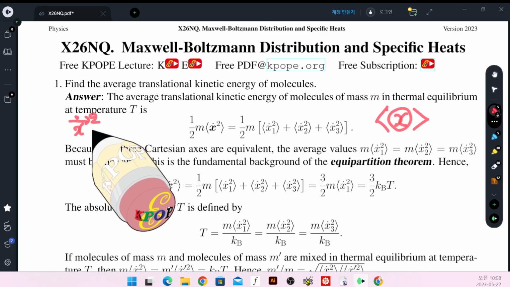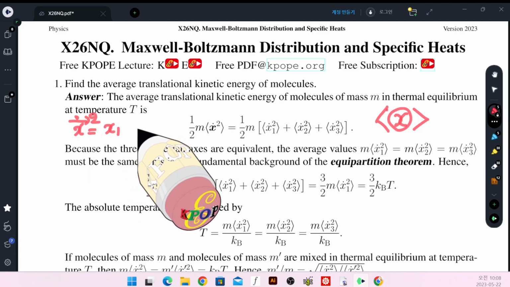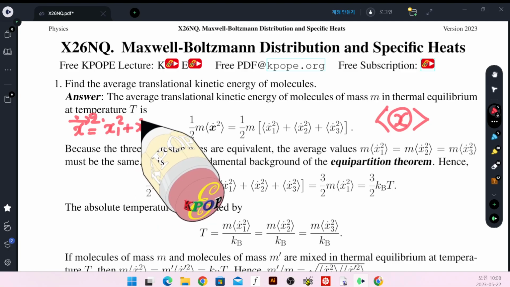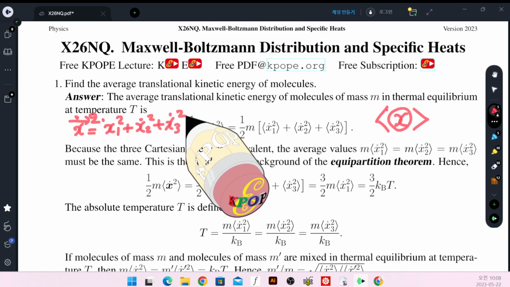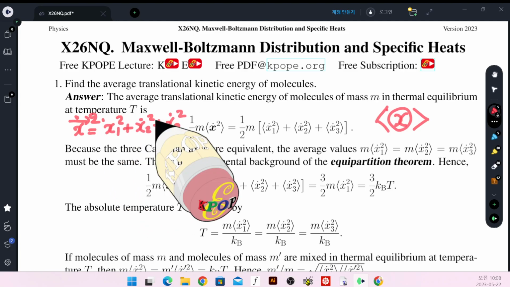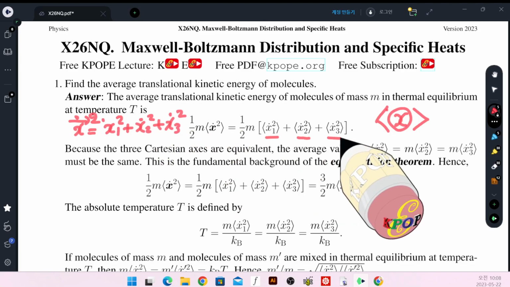So we can divide it into three pieces, Cartesian coordinates, x, y, z components of velocity squared. So we can find the average of each contribution separately and add them up.